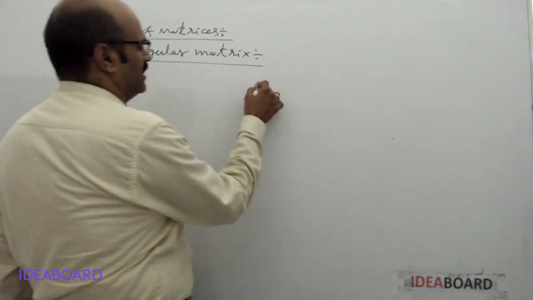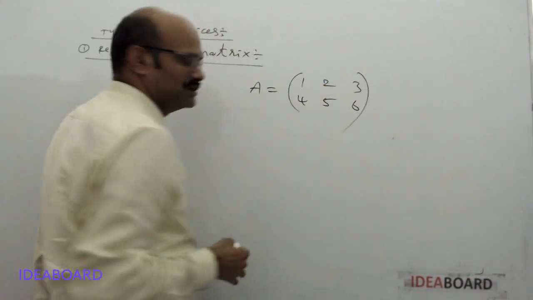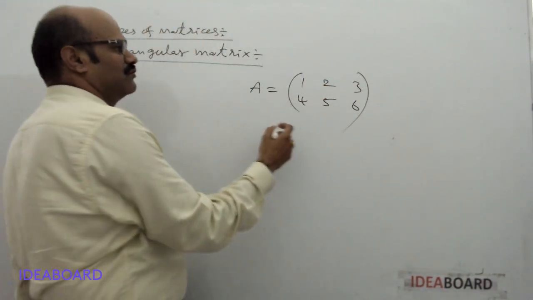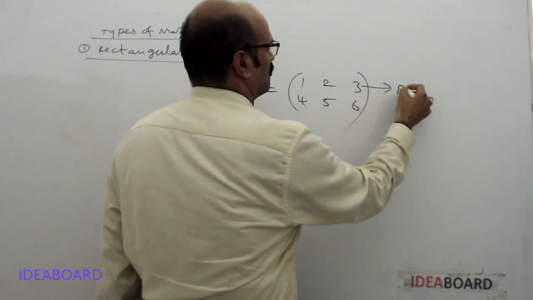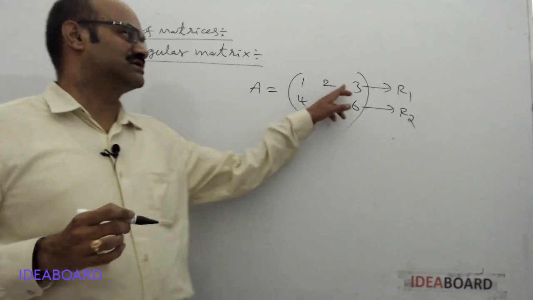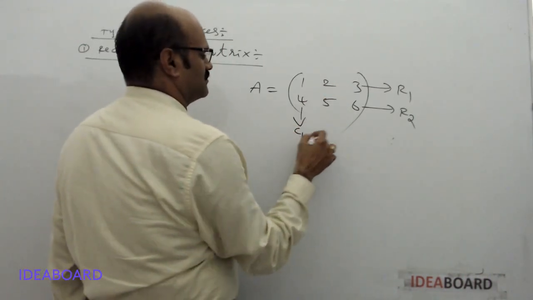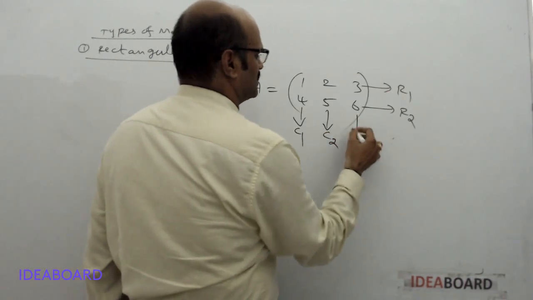Let me take one example here, A equal to 1, 2, 3, 4, 5, 6. Here the number of rows, this is one row R1 and this is another row, so there are 2 rows. And here we are having 3 columns C1, C2, C3.